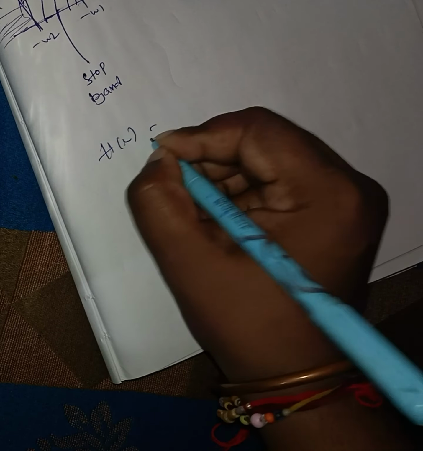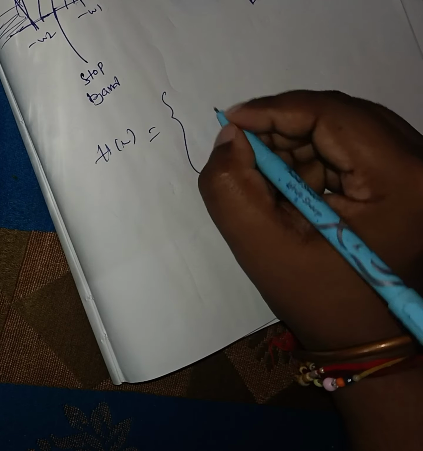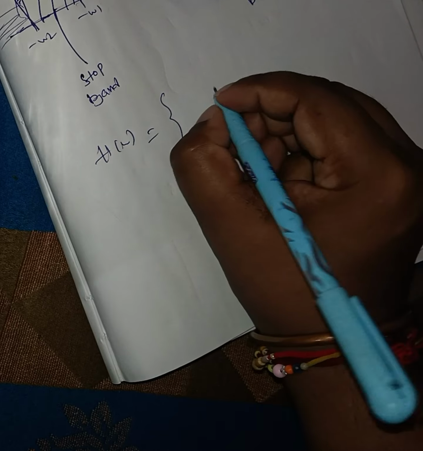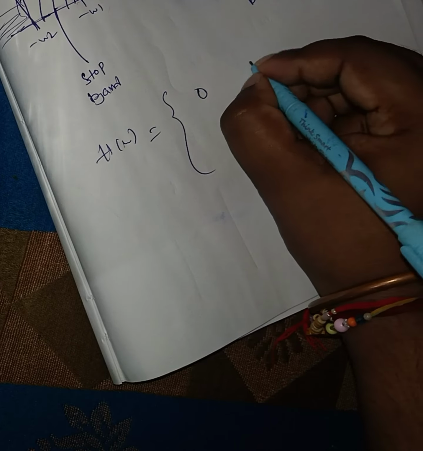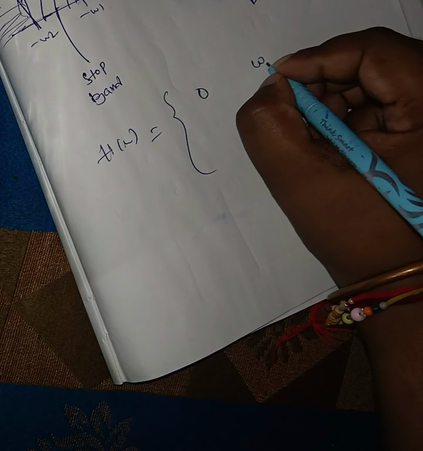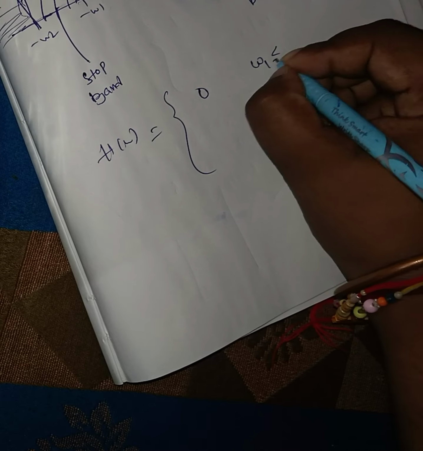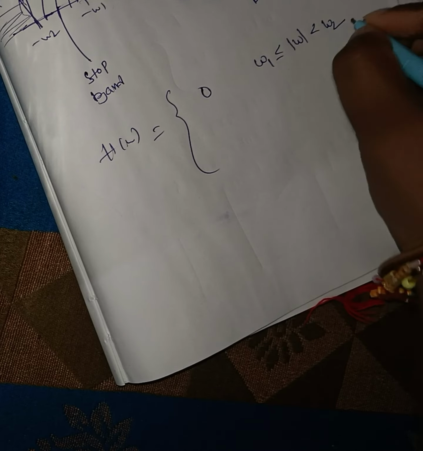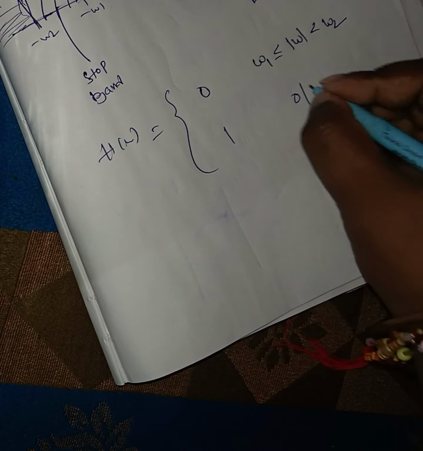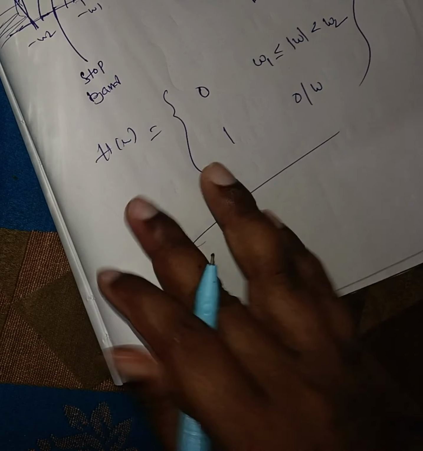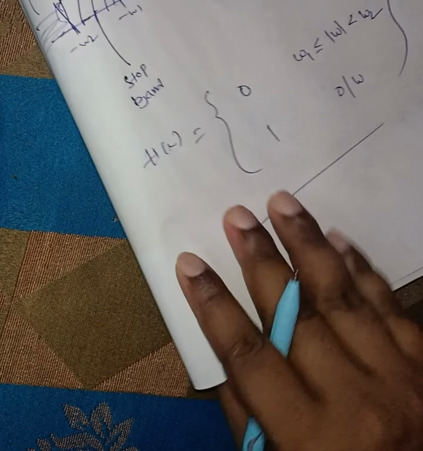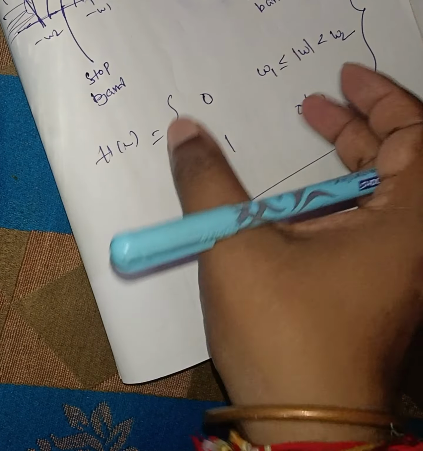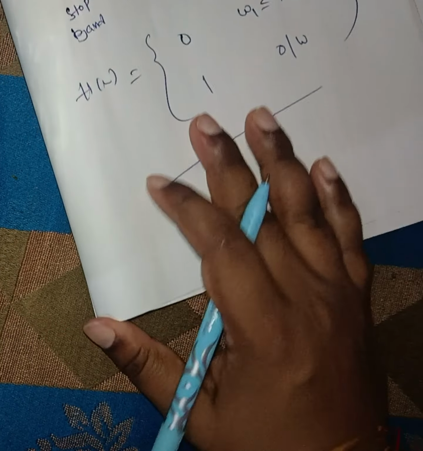H of omega is equal to 0 when omega 1 is less than or equal to modulus of omega which is less than omega 2, and 1 otherwise. Okay, this is the characteristic equation. It is just the opposite of the band pass filter.